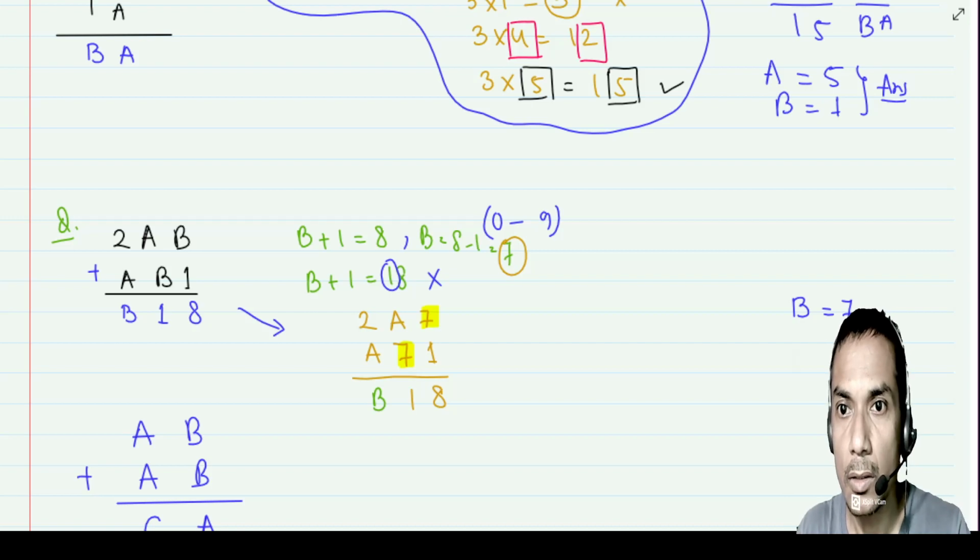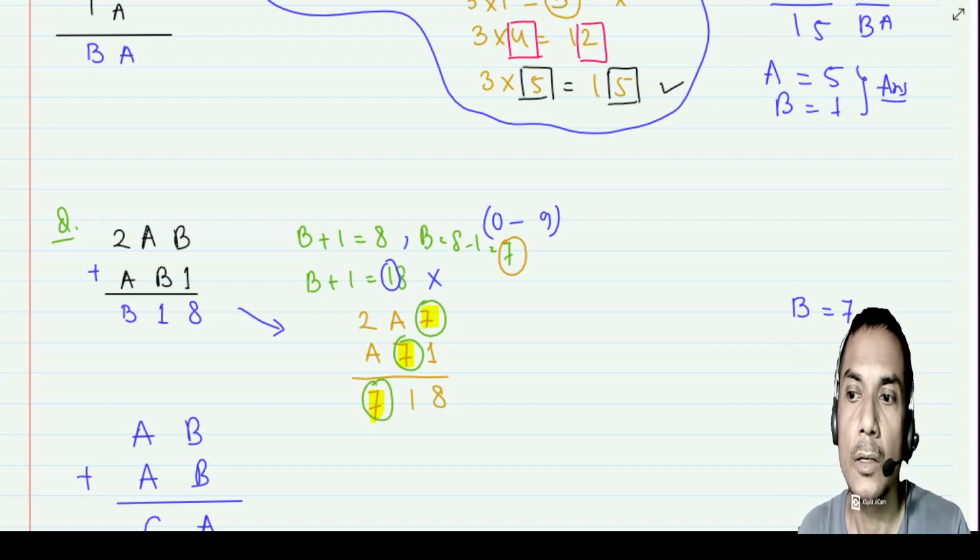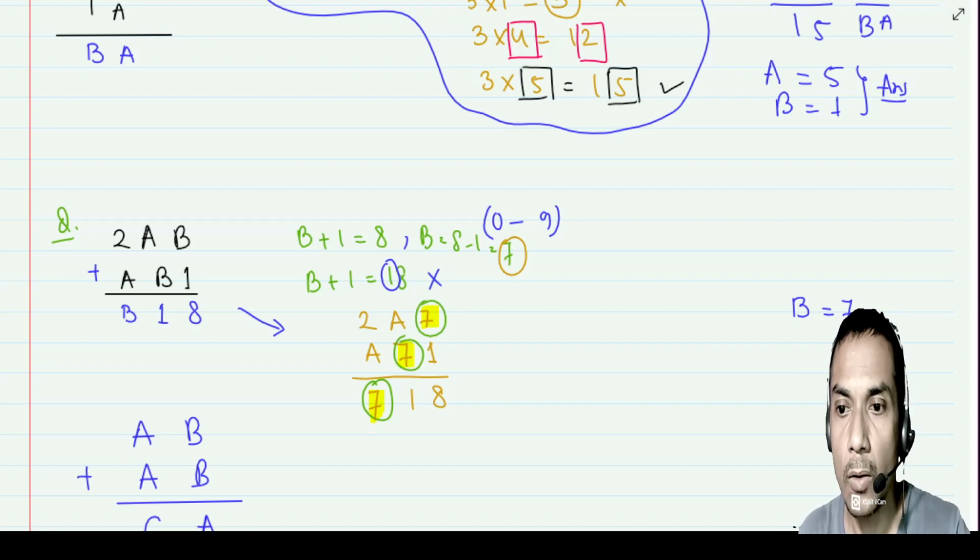So B completed, so this value completed. You need to put 7, this value completed. Okay, so all B completed. Now what remains is A.